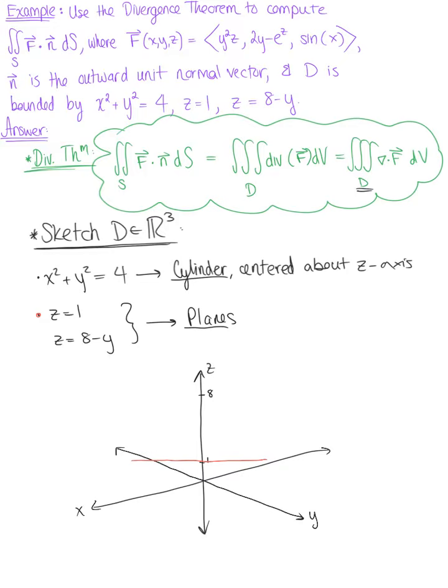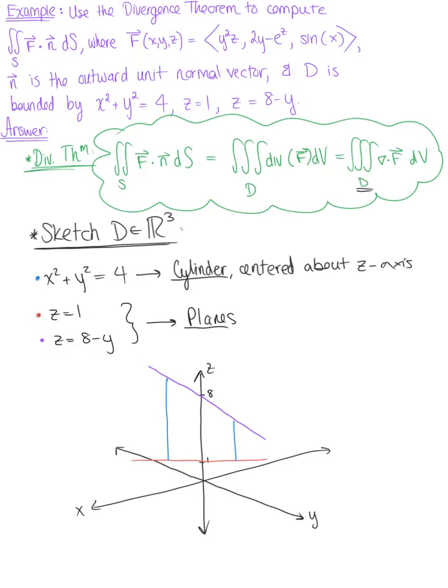We also have another plane at z is equal to 8 minus y, so we'll draw a diagonal line passing through z equals 8 with a negative slope. Last but not least, this region is enclosed by the cylinder x squared plus y squared equals 4. You can almost think about that as a rectangle, or adding sides to this region.